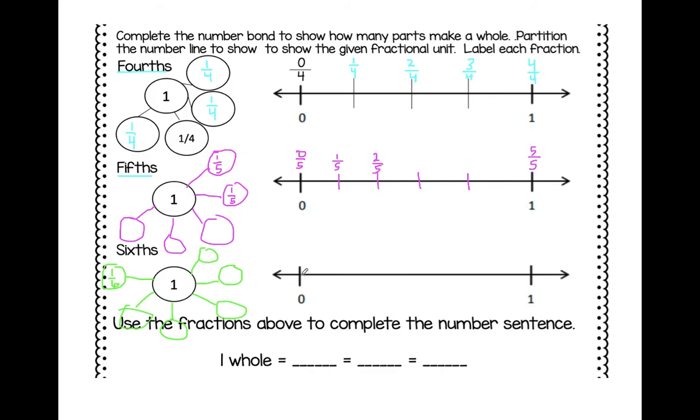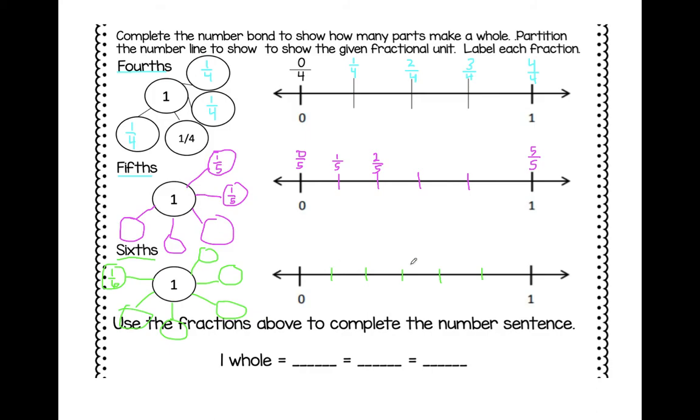Now, because we're talking about 6, we need to figure out how many 6 equal 1 whole. So I'm going to partition this into 6 equal parts. I'm going to say 1, 2, 3, 4, 5.